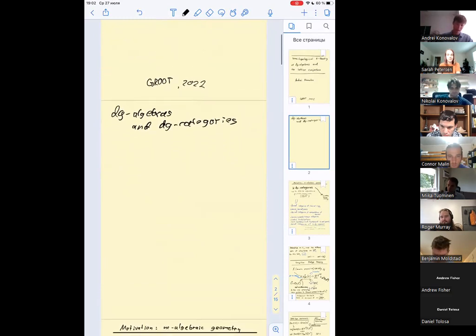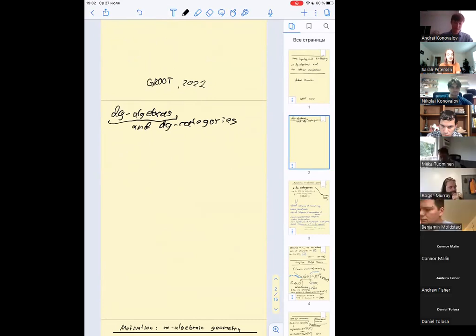Basically, let me just remind the definition of a dg-algebra, just in case. So you have a category of complexes over a field, and it comes with a symmetric monoidal structure. We can just tensor two complexes, and this is a nice symmetric monoidal structure with inner hom. And dg-algebras are basically just the algebras in this category.